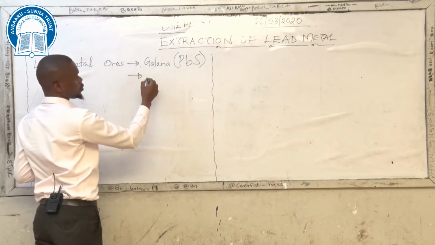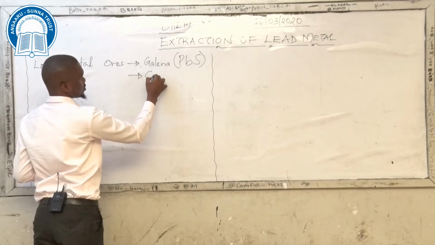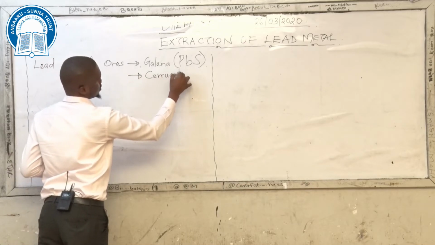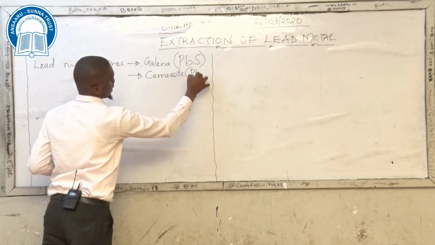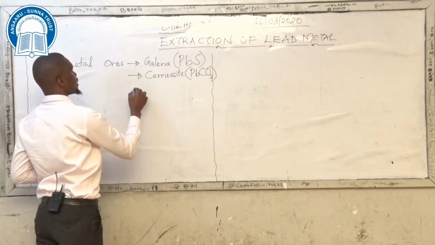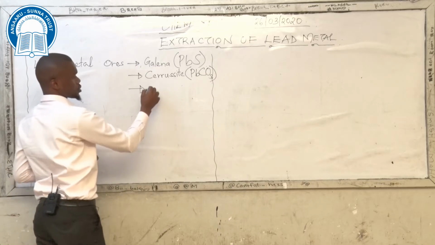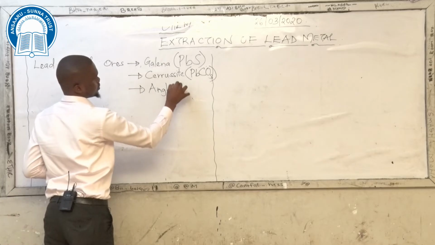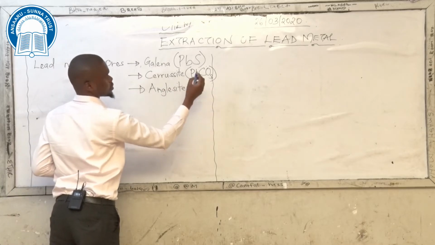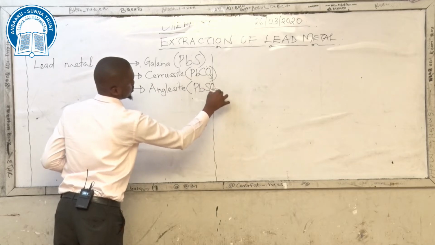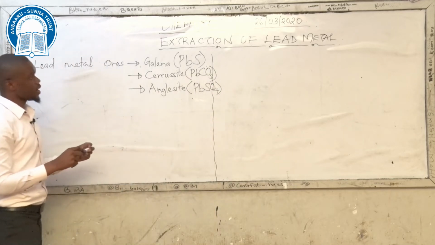The next ore we have is cerussite, which contains lead carbonate. And we also have anglesite, which contains lead sulfate. All these are ores.